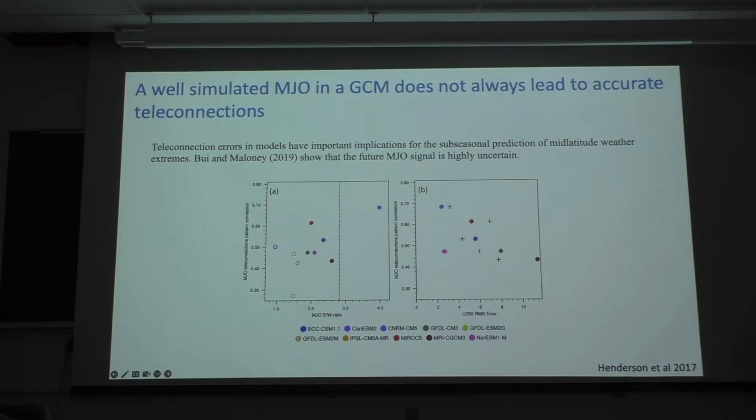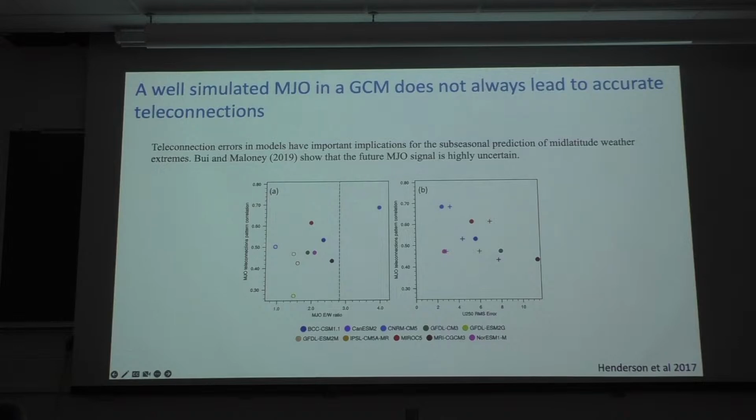That means we want to make sure that MJO teleconnections are properly captured in our models. In order to get appropriate MJO teleconnections, we need to have multiple aspects that are well captured within models, including the MJO itself. This slide is from a paper that I did back in 2017, using CMIP5 models.